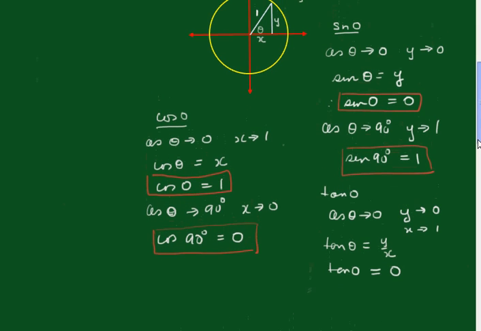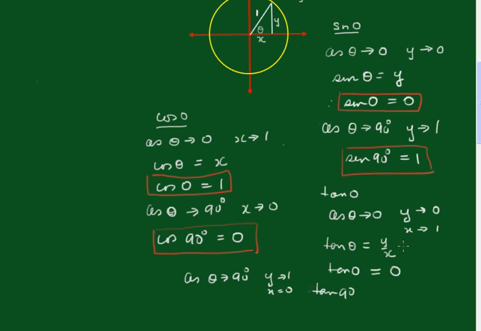However, take the tan of 90 degrees. Now, in this case, as theta goes towards 90 degrees, we can see that y will go towards 1, but x will go towards 0.